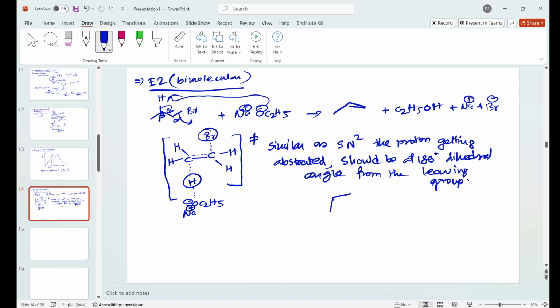Suppose you have two planes, like two pages of a book. You have two planes, and between these two planes you have some angle theta, which is called the dihedral angle. Very important thing. Suppose for this case you have something like this.